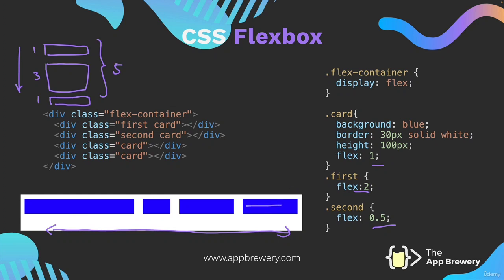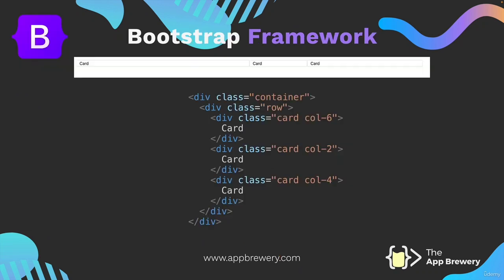So none of these will have a fixed width, like say 400 pixels. Instead, it's going to work that number out based on what the total width is, because it's a percentage of the total width.